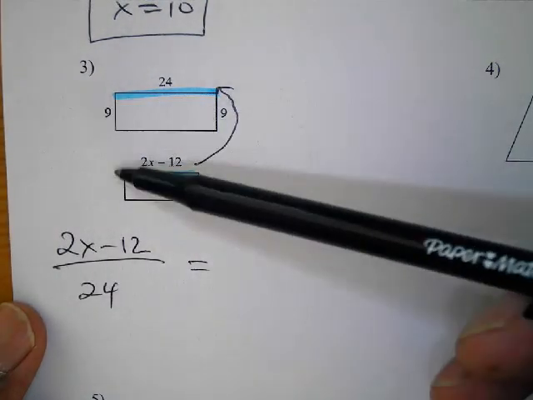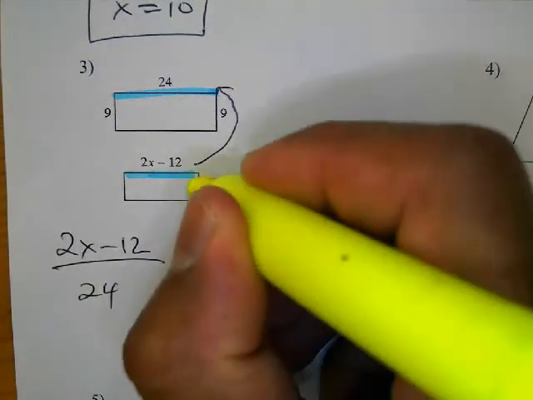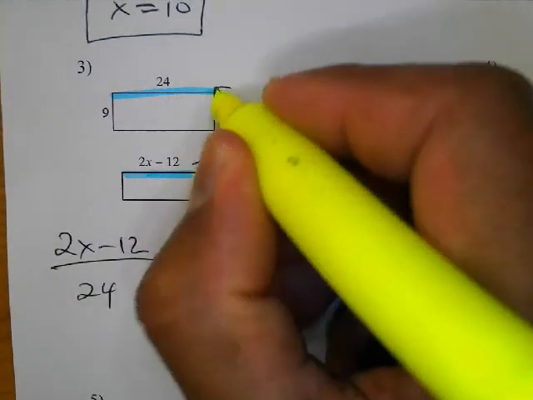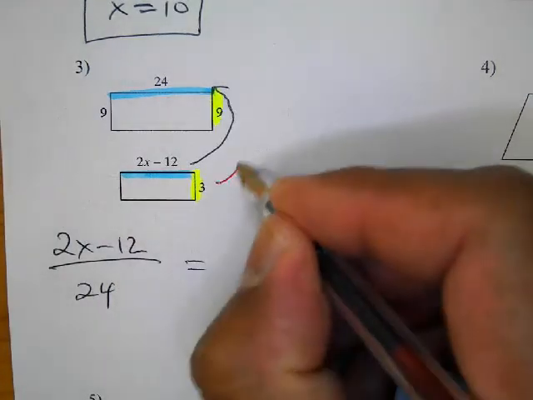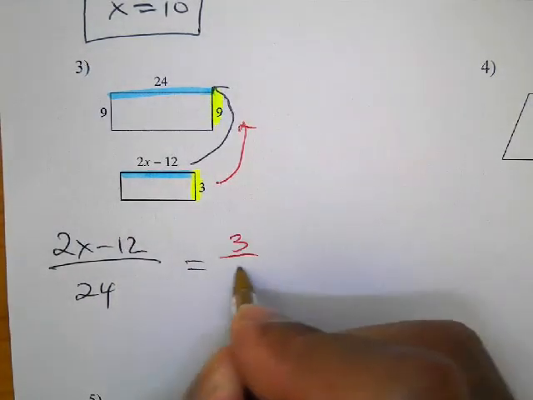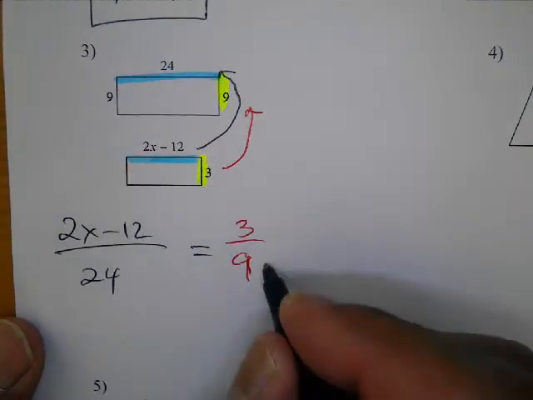Now, can I use this one and this one? No, see, you couldn't use this one because I don't have this number here. I got this one, but you don't have this one. You have to use the one that has the two sides that are known. Okay, so I went top to bottom, so I got to go top to bottom again. 3 over 9.